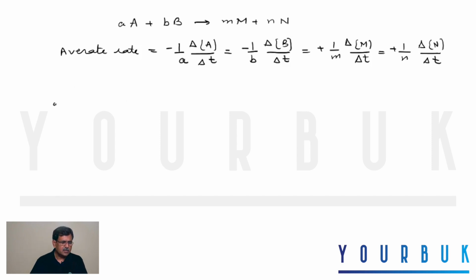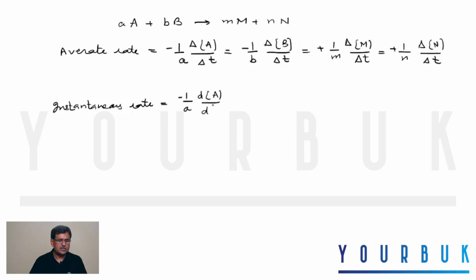Now when we write the instantaneous rate, it is for a very small interval of time when delta t approaches 0. So this can be defined in the same way as the average rate, but the only thing is we replace the delta by d. So minus 1 by a, dA by dt.